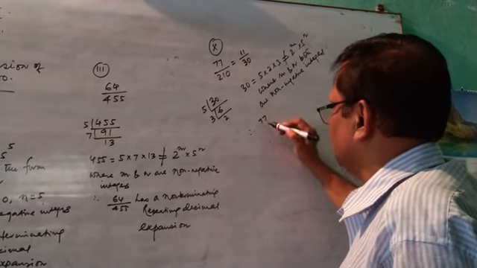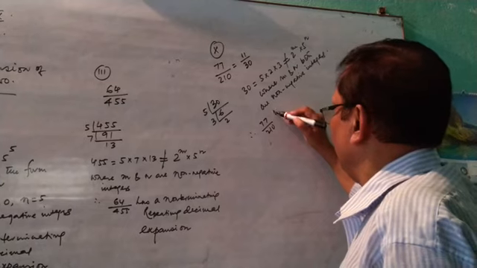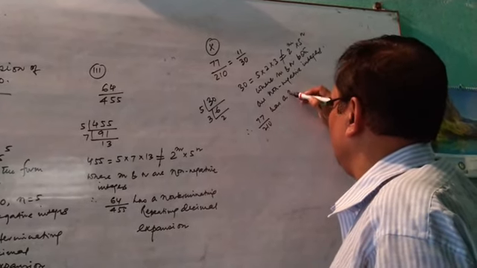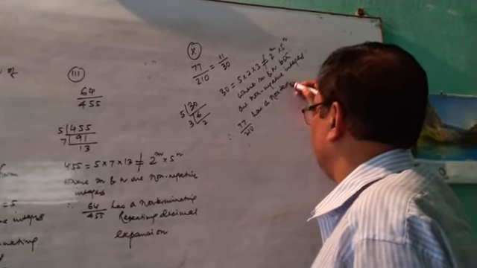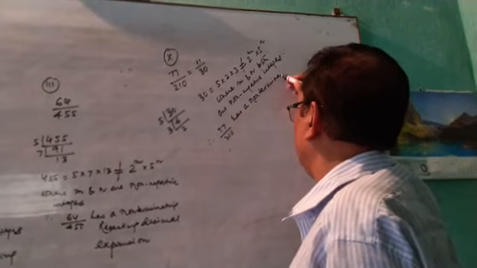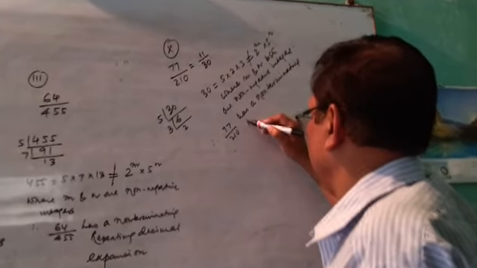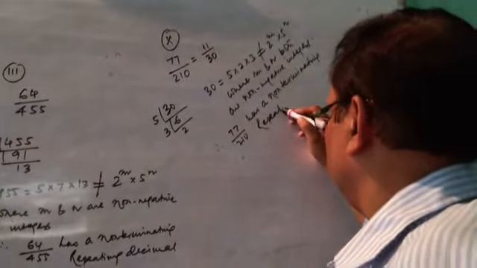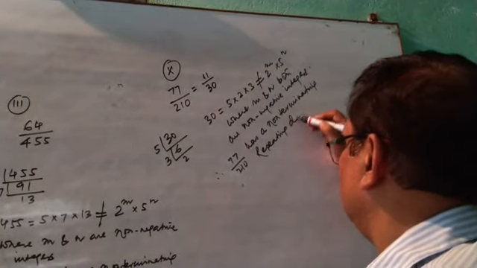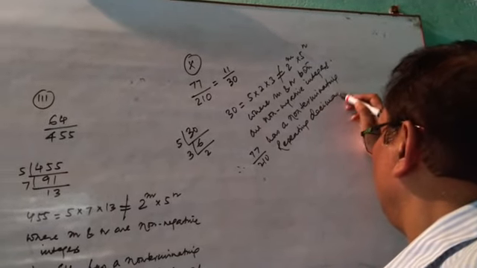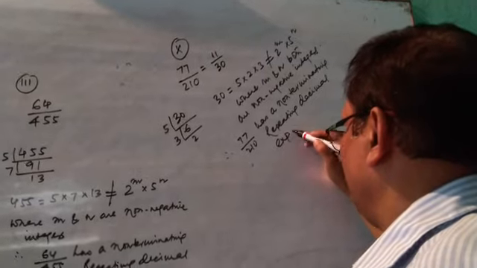Therefore, 77 by 210 has a non-terminating repeating decimal expansion.